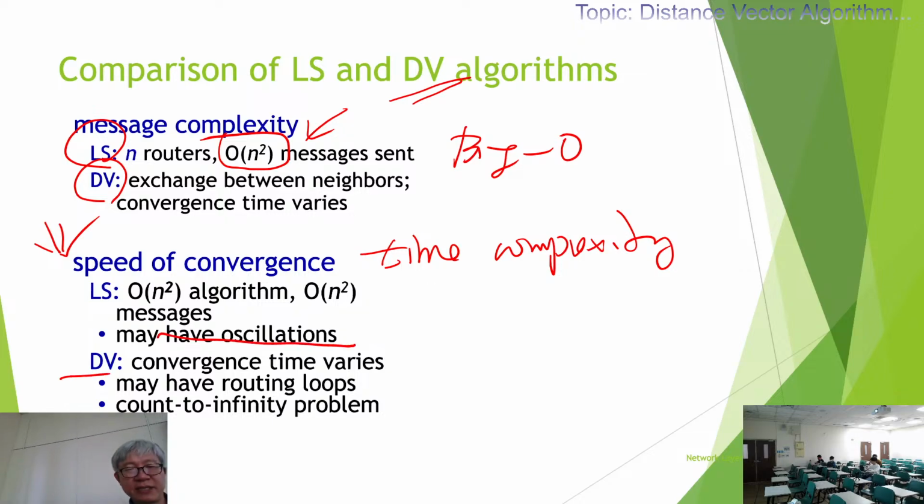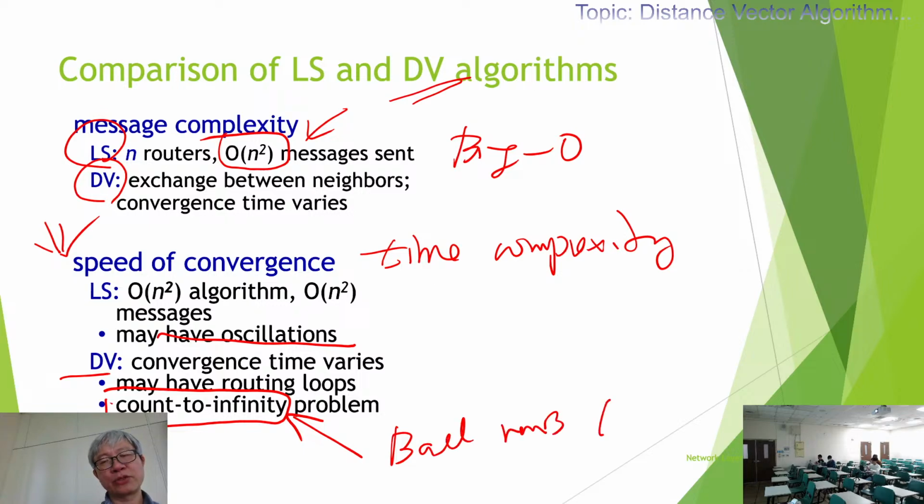For DV, yes, it pretty much depends, so we don't really have one for that. But the slow problem, I haven't mentioned the specific term. This term, count to infinity, says bad news travels slow.